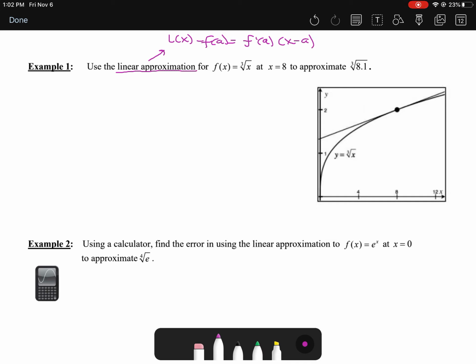First thing I'm going to do is take the derivative, because I need to get the equation of a line, so I should be thinking slope and derivative.